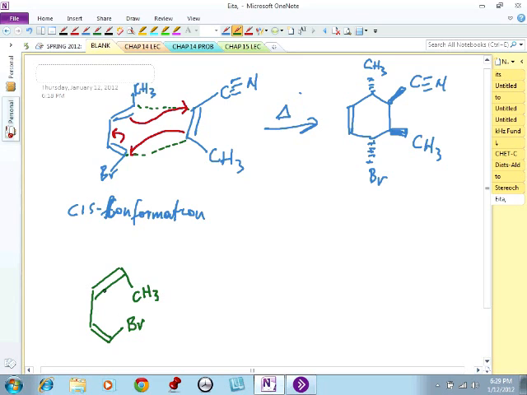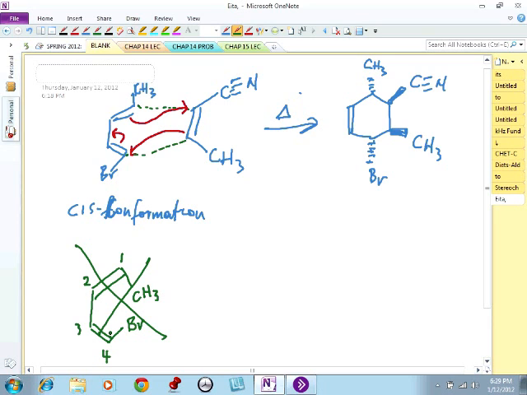They're bumping into each other. So this here, for the most part, will not undergo Diels-Alder reaction. So the best Diels-Alder reaction is for the substituent on carbon number 1. This is 1, 2, 3, and 4.